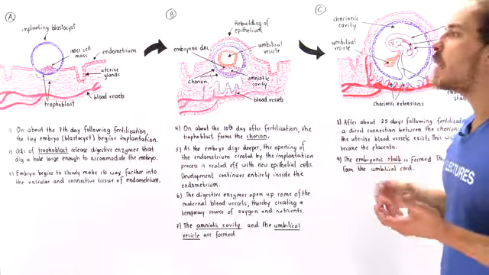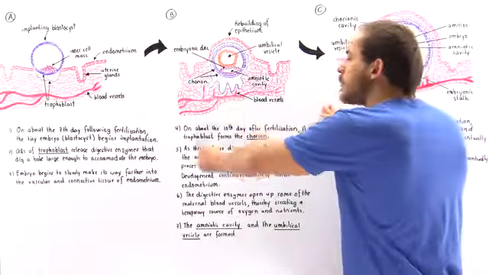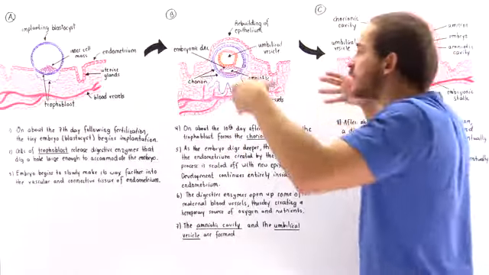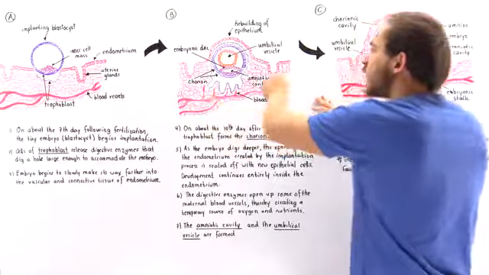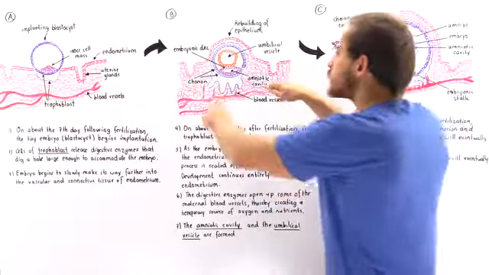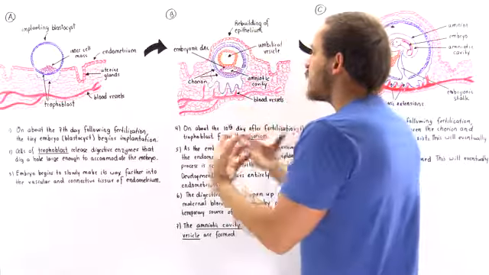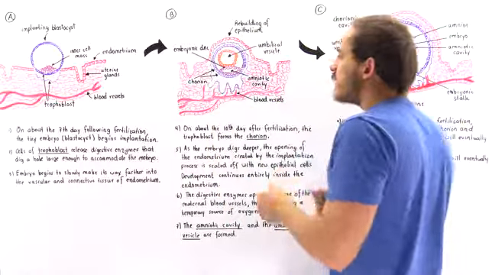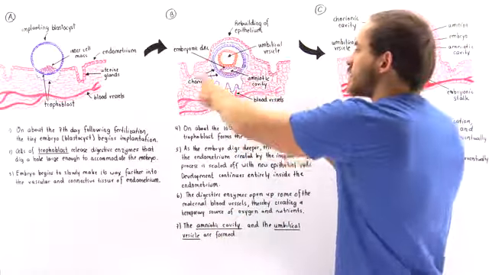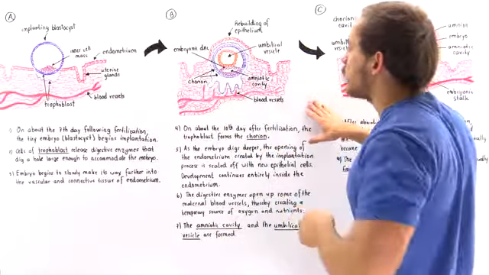What happens next? By about the 10th day, that entire implanting embryo is found entirely inside the endometrium, as shown in the following diagram. Notice that these cells continue to secrete digestive enzymes that further break down the area surrounding the implanting embryo.